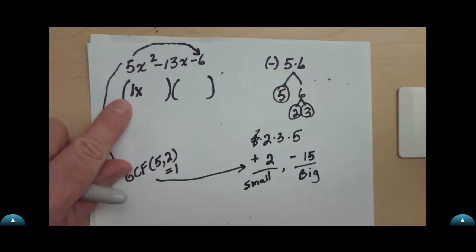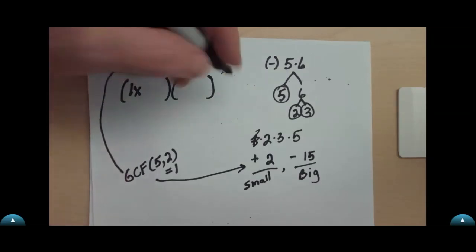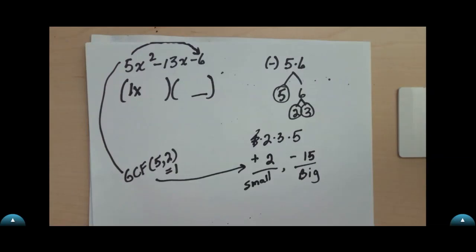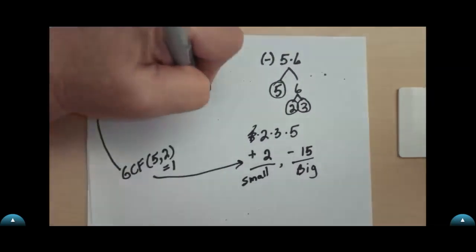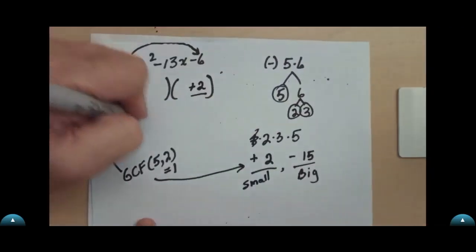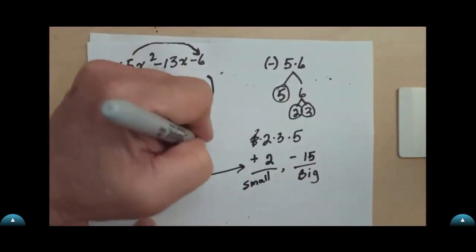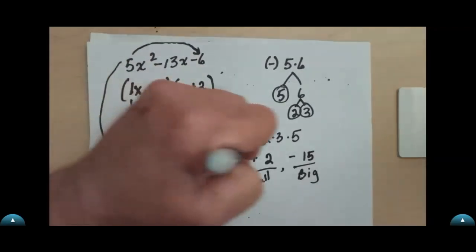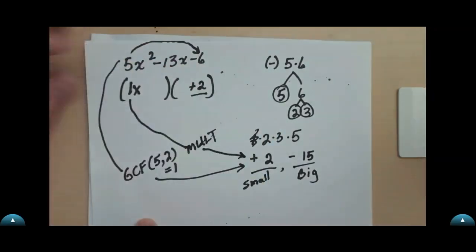Okay, if this is a 1, what goes here? A positive 2. Very good. She said positive 2. Because remember, it's what do I multiply 1 times to get 2?